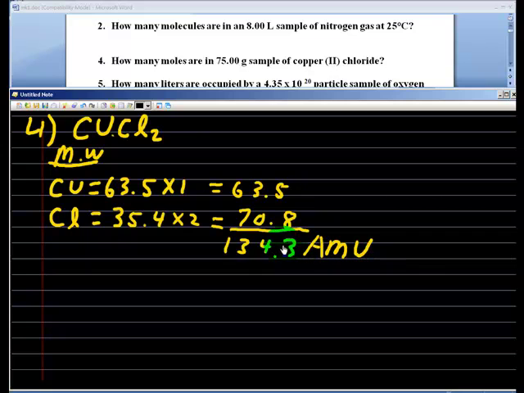That is the weight of one single molecule of CuCl2 in AMUs. But you know what?